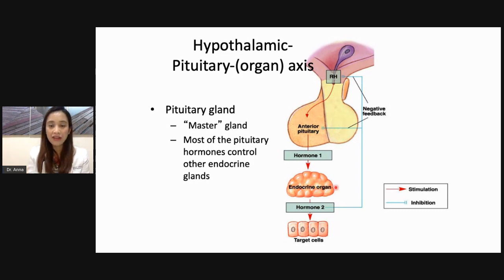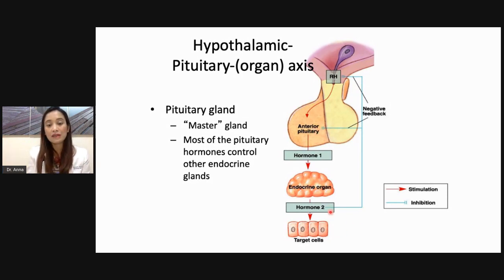Even your liver. And your endocrine gland will now produce a secondary hormone, and the second hormone, let's say your T4, T3, your different steroid hormones, will now act on your target cells. And the hormone 2, the hormones from your endocrine glands, will now provide a negative feedback to either your end organ or your anterior pituitary to tell your pituitary to hold off, or even to increase or decrease its secretion of its hormones.